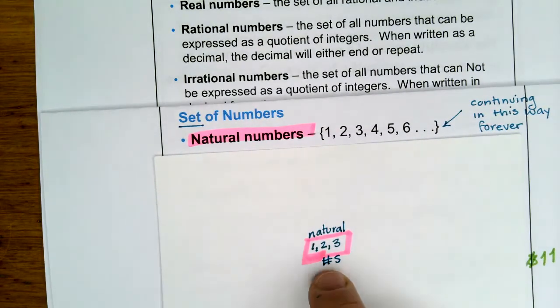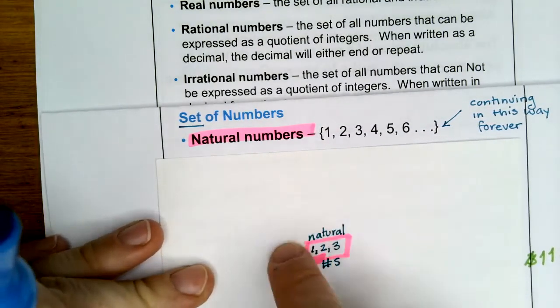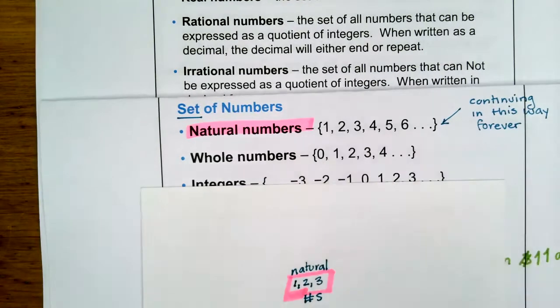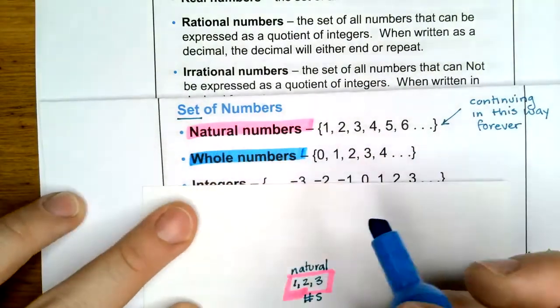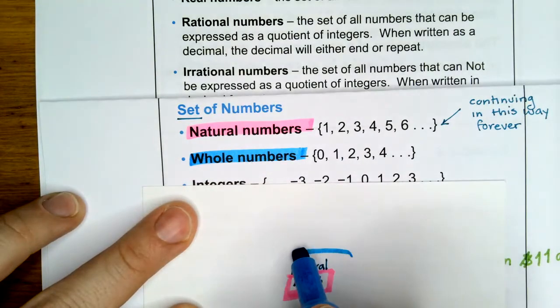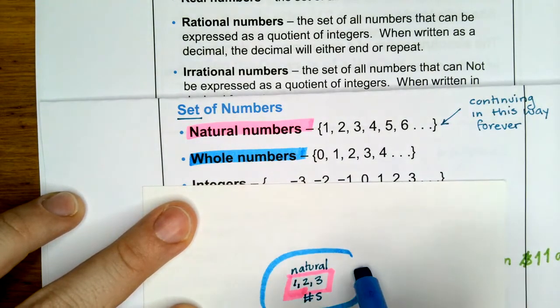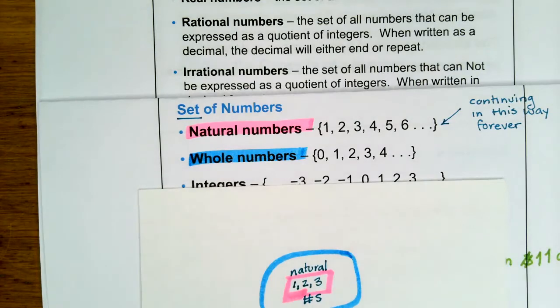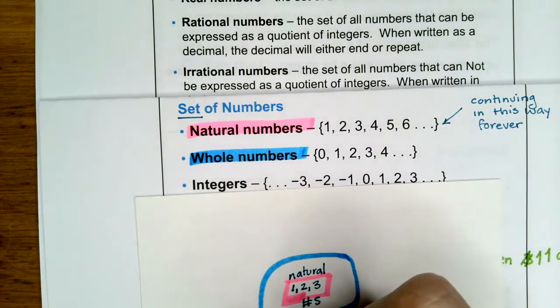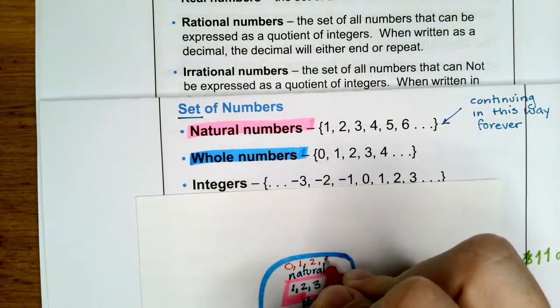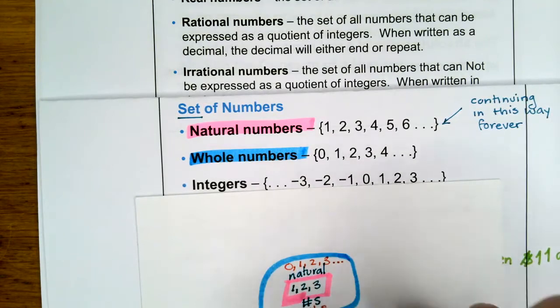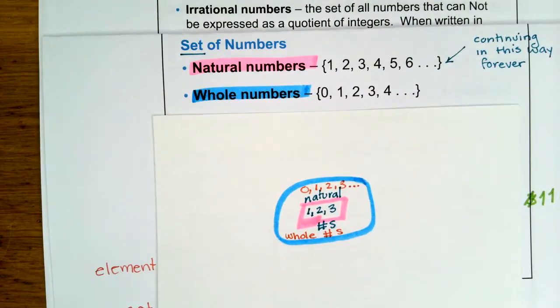Okay. And then with all the natural numbers plus 0, that means whole numbers. Those are called whole numbers. So now there's a group here called whole numbers. And now it's 0, 1, 2, 3, continuing in this fashion forever. Good.